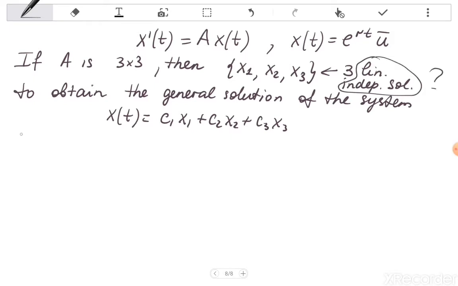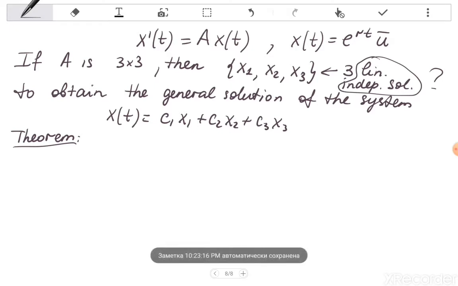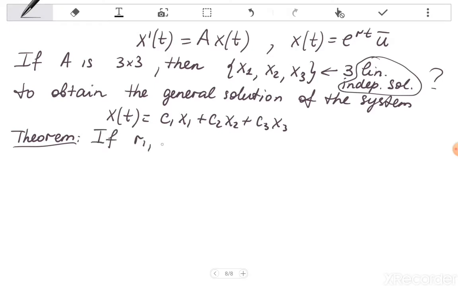So there is a theorem, first of all, that if R1, R2, and so on, we now consider the general case, Rn are distinct. This is very important here, distinct eigenvalues of A.